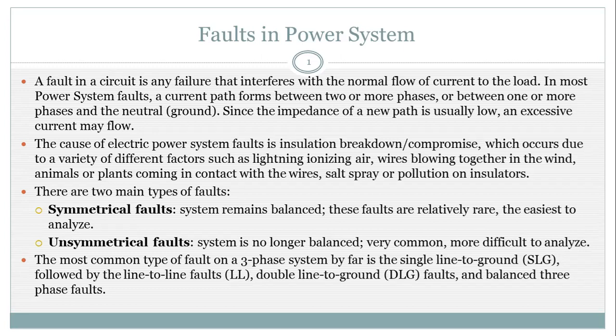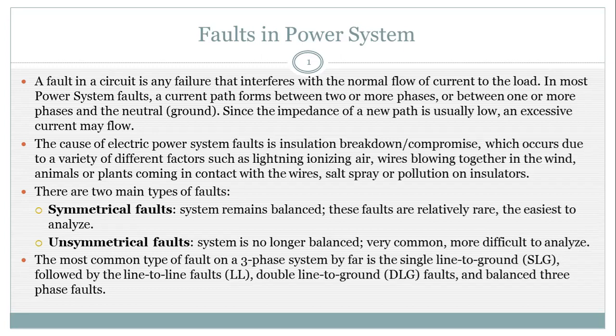Now in a power system, there are mainly two types of fault. One is symmetrical fault, another one is unsymmetrical fault. Symmetrical fault means that in a three-phase transmission line, the amount of current flow in the three lines is equal, or the same type of fault occurs in each and every line.